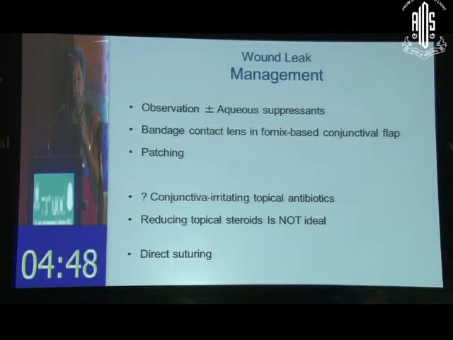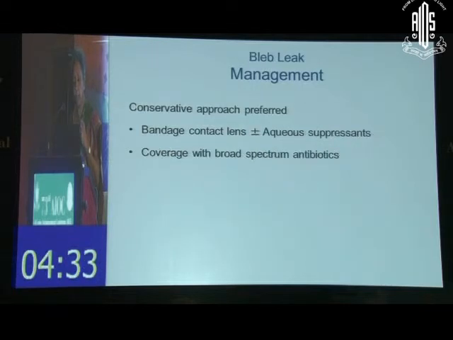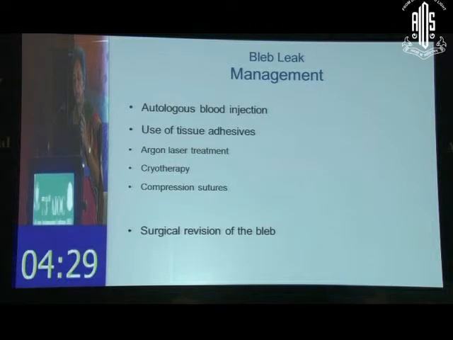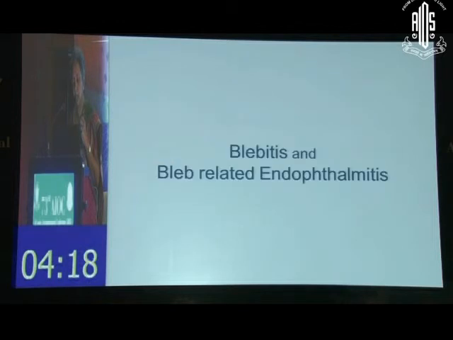And in the immediate post-operative period, reducing the topical steroids is not ideal because you need a good amount of steroids for success of the trabeculectomy, or you can use direct suturing if the retraction is significant. And in the late post-operative period, if it's not healing, you can consider autologous blood injection. Still not effective, it requires a surgical revision of the bleb.